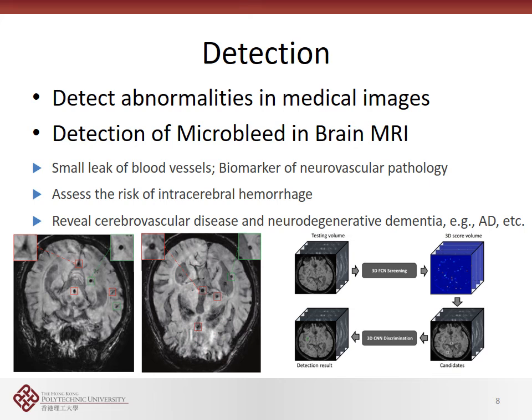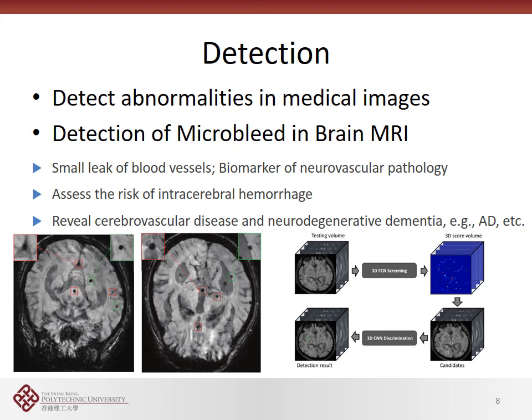Actually, we developed a deep learning model to automatically detect microbleeds in brain MR images. What is a microbleed? A microbleed is a kind of small leak of blood vessels. It is a very important biomarker of neurovascular pathology.